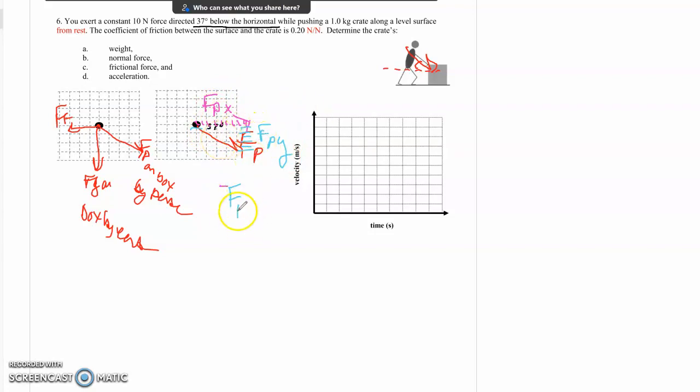So I'm going to say F push Y equals F sine theta, which would be F push Y is going to equal 10 newtons sine 37 degrees, which would be 6 newtons.